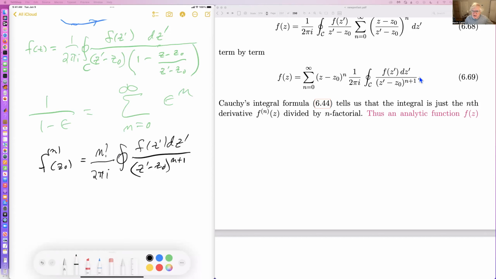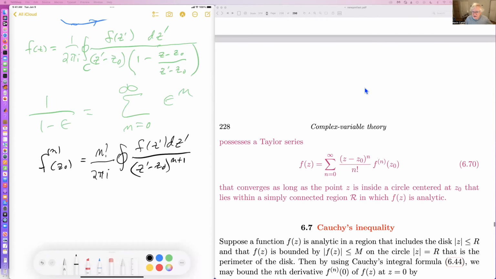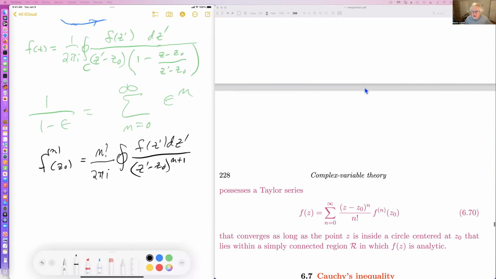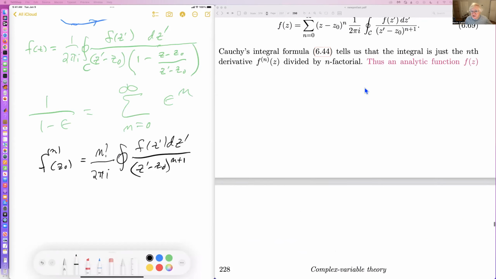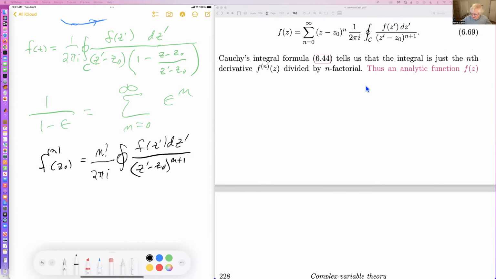So this thing here is the nth derivative of f at z0 divided by n factorial.